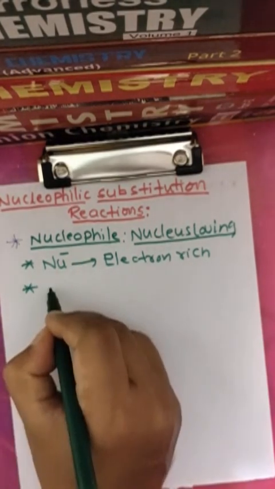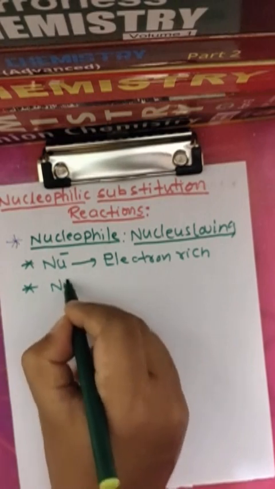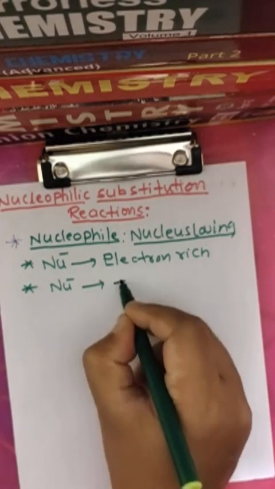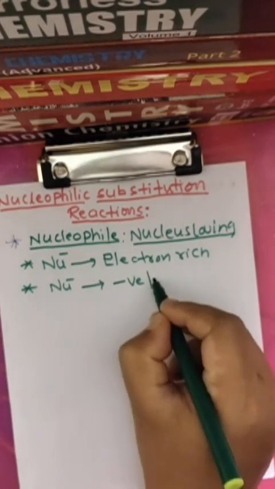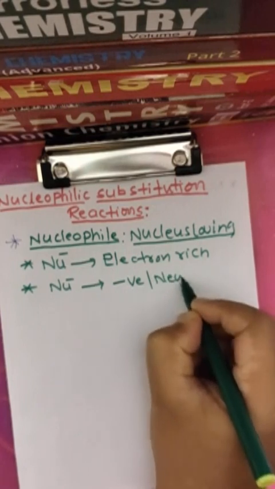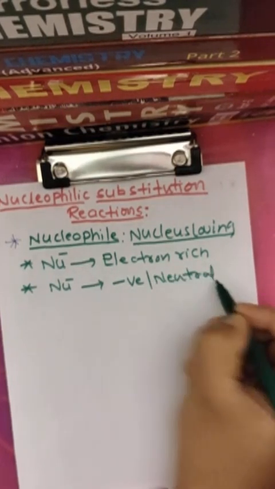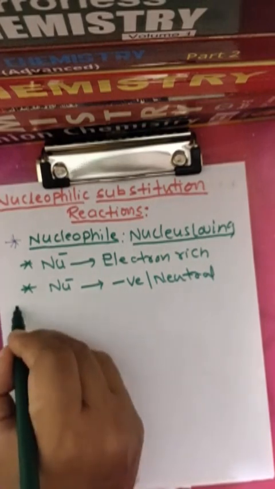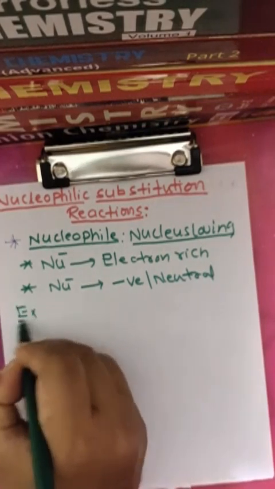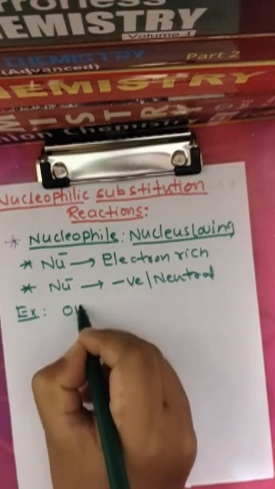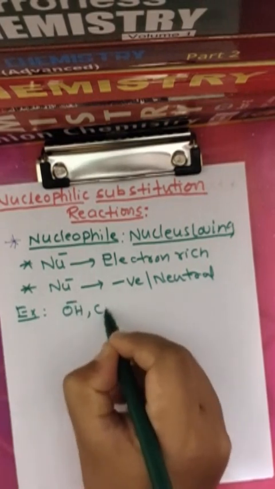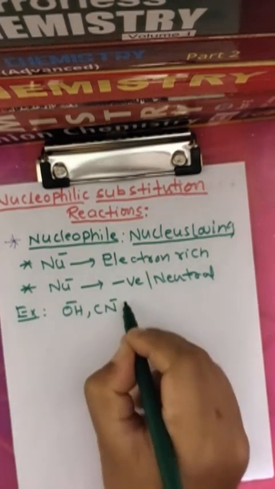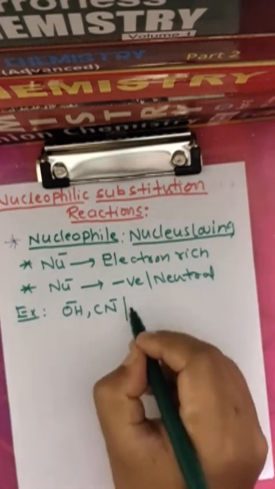And a nucleophile may be negatively charged or neutral. For example, OH minus, CN minus, these are negatively charged.